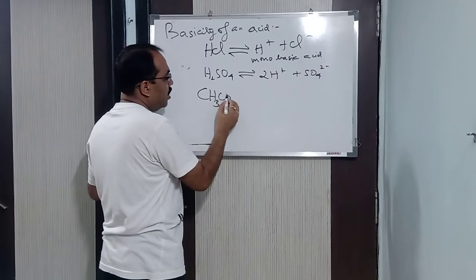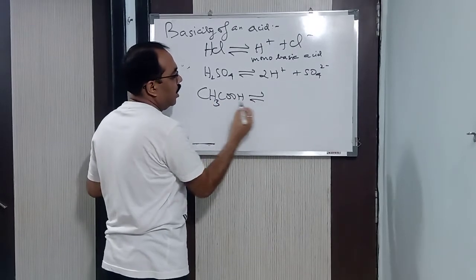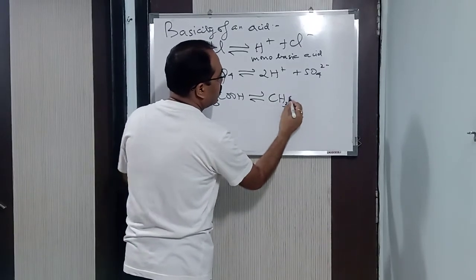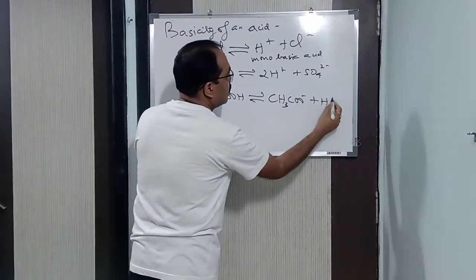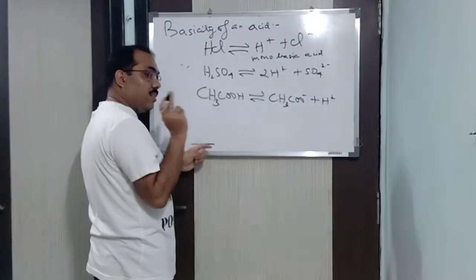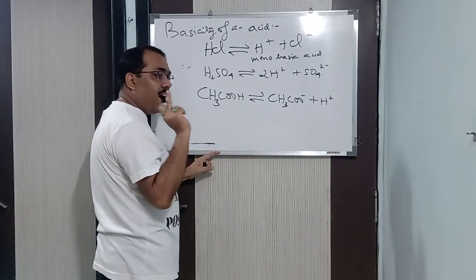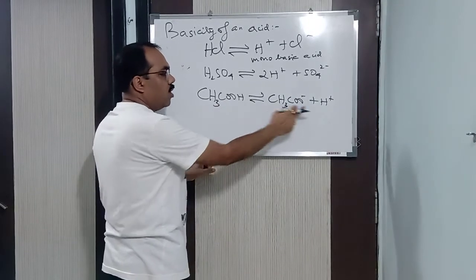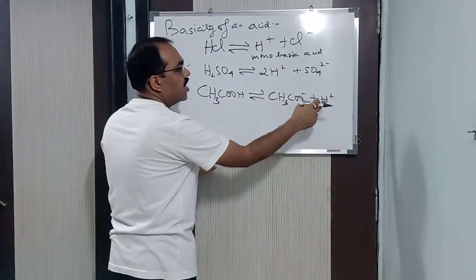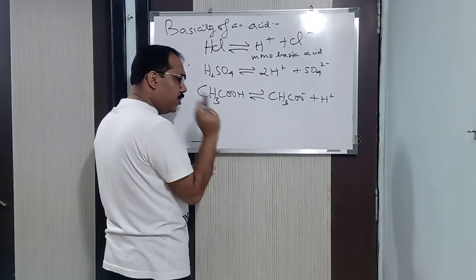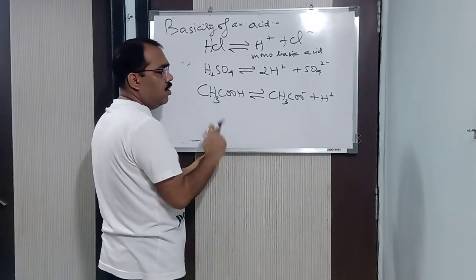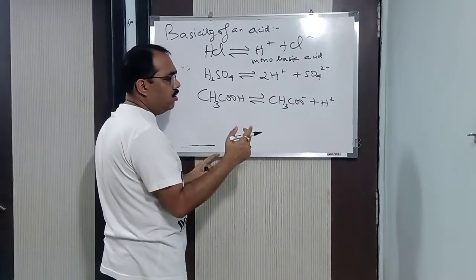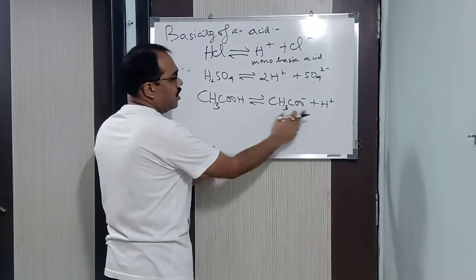Now see here, CH3COOH. What do you say, 4? No, not at all. You will be getting CH3COO- plus H+. So what did I say with the definition? The number of hydrogen ions or hydronium ions produced per molecule of an acid, or per mole of an acid, is known as the basicity.